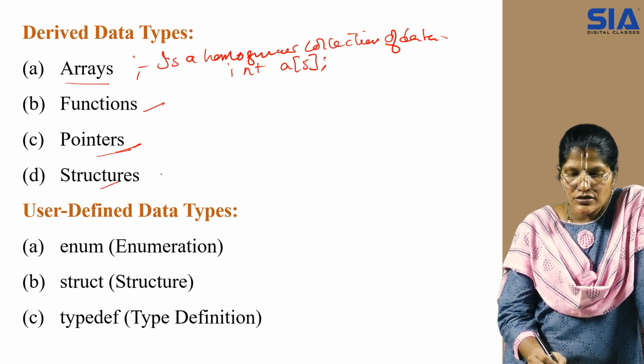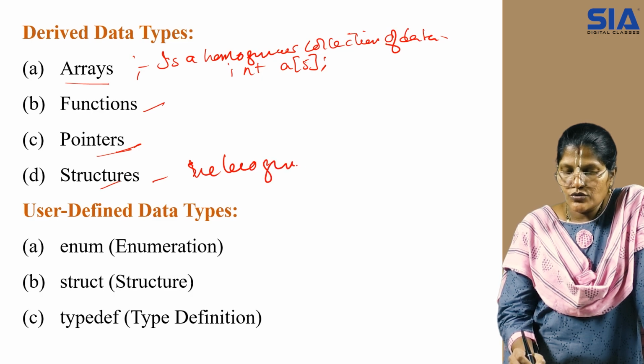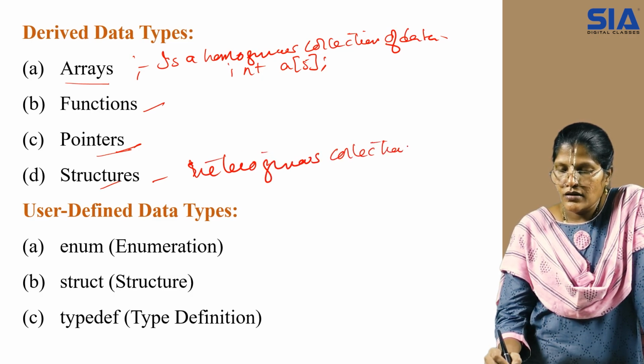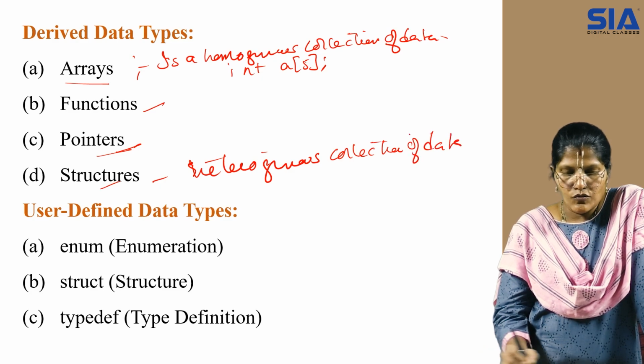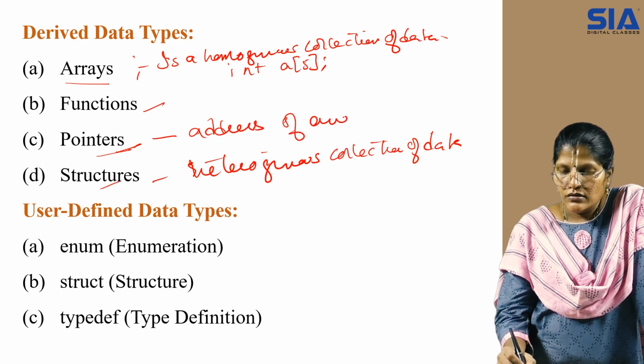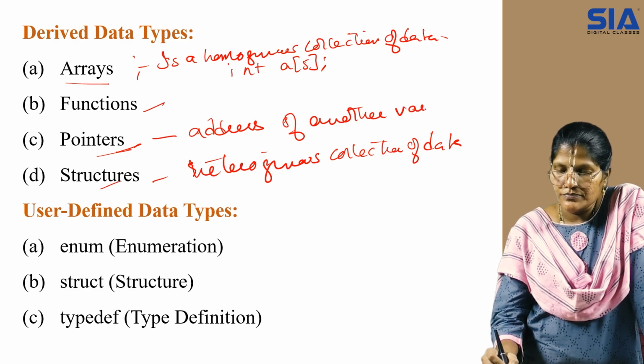Now what are structures? Structures are a heterogeneous collection of data, that is, they hold heterogeneous data types. What is a pointer? A pointer holds the address of another variable.